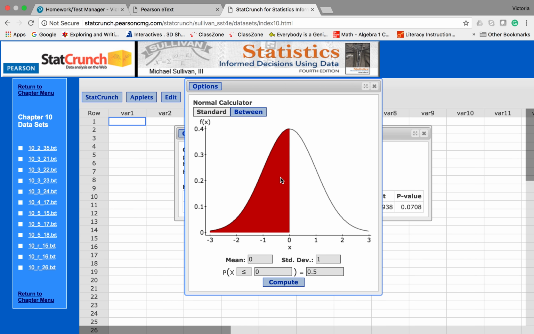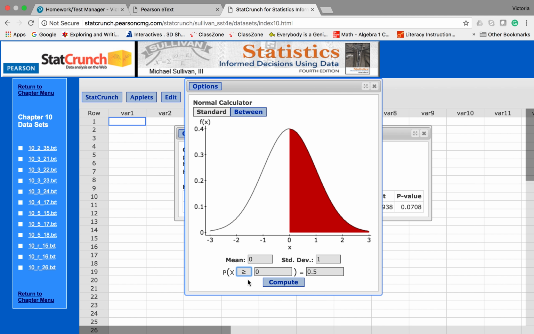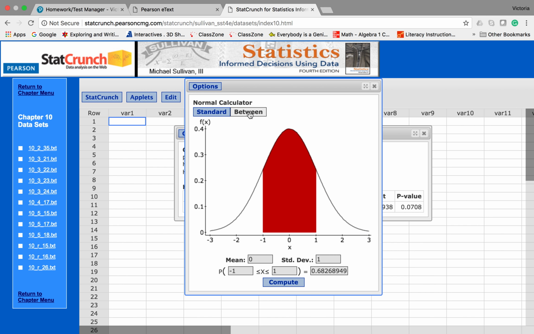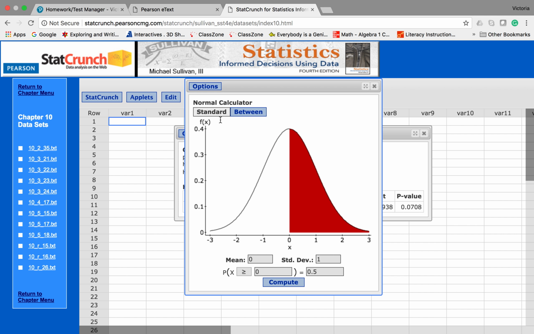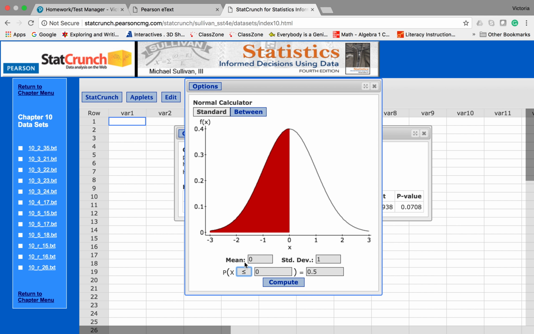This is what I'm doing because I have a left-tailed test. If I were doing a right-tailed test, I would change the symbol to the greater than. If I were doing a two-tailed test, I would go up and click this value right here, between. But we are doing a left-tailed test, so I'm going to make sure that the area to the left is shaded. And I want the area in this shaded region to be whatever my alpha value was.